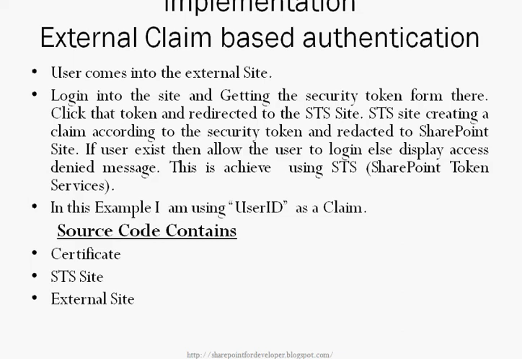This STS site creates a claim according to the security token and redirects it to the SharePoint site. If the user exists, then the user is allowed to log in and a nice access message is displayed. This way we can achieve this using an STS, SharePoint security token. In this example, I'm using the user ID as a claim. I will show you.